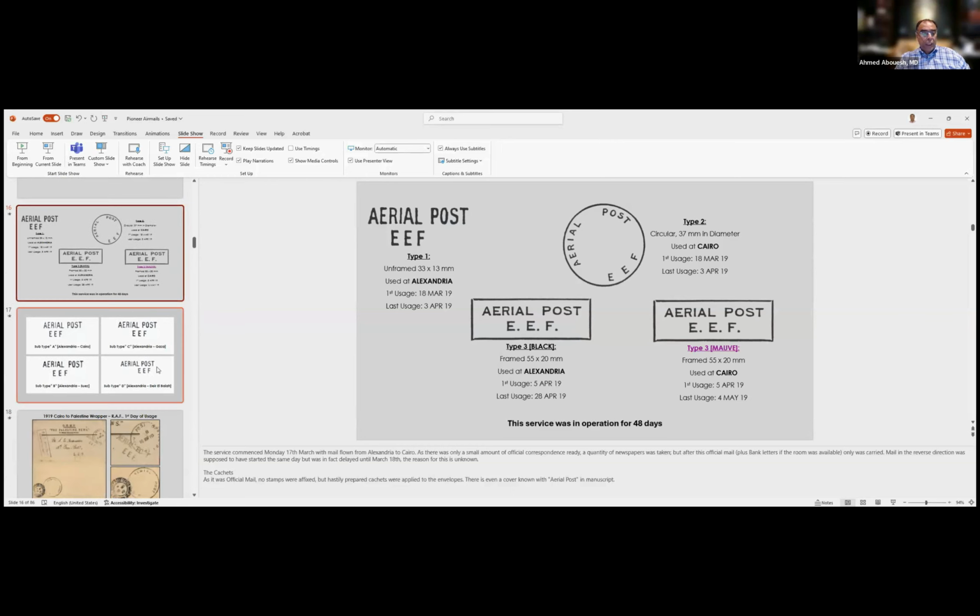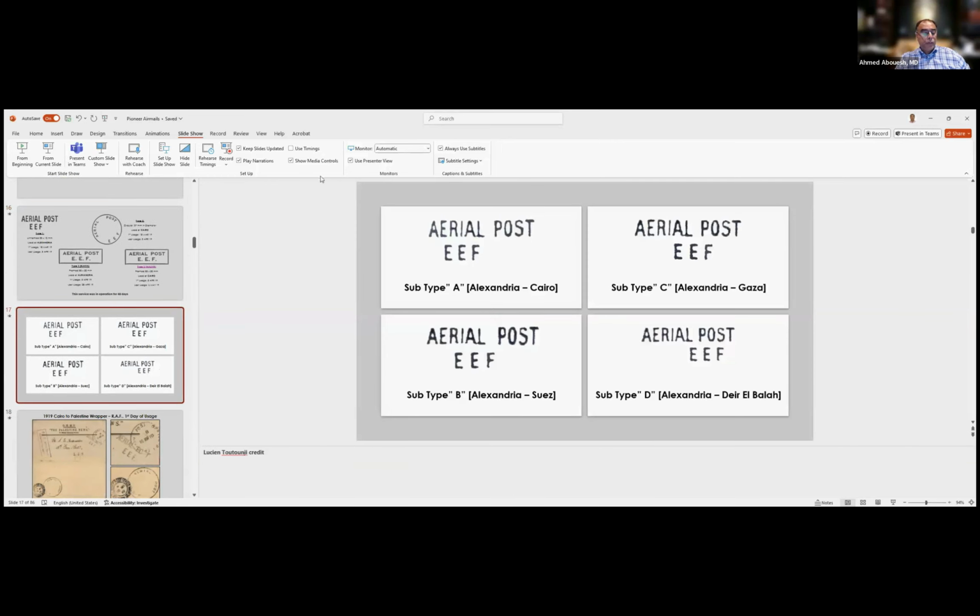Lucien Tutunji, in his work, subclassified the unframed cachet into 4 subtypes, depending on the relationship between the letters EEF and the word Aerial above it.